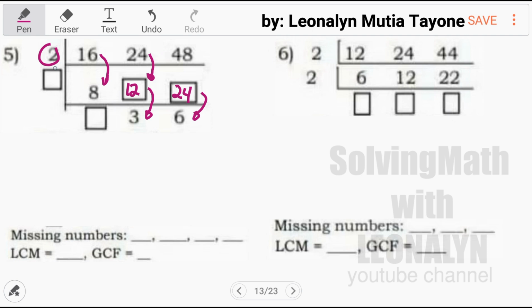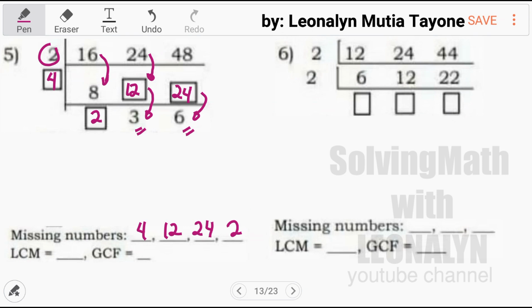Ang common dyan ay, ang dinivide dyan ay 4. So, 8 divided by 4, and this is 2. 12 divided by 4, and that is 3. 24 divided by 4, and this is 6. So, ang missing numbers are 4, 12, 24, at 2.